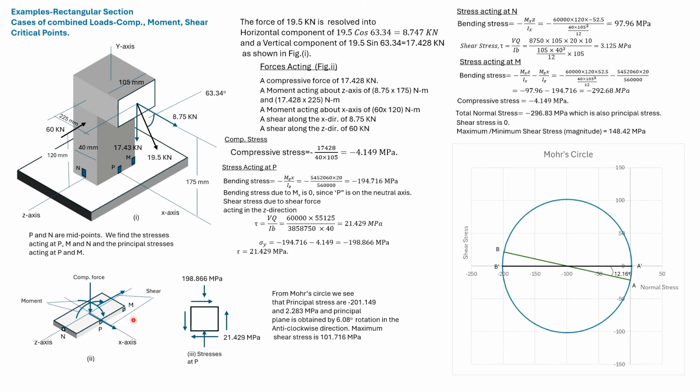Due to this force, we get the shear along the z direction and this moment about the x-axis. We first find out the compressive stress, which is applicable to all 3 points.